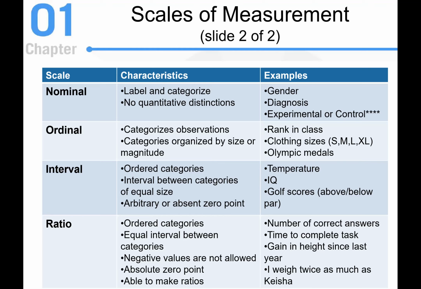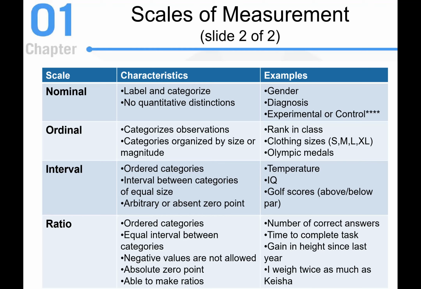All right. One very important nominal example that we're going to use very often in this class is whether you are in the experimental group or you are in a control group, right? The experimental group, for those of you in my research methods class, are the people who are going to get the experiment or the treatment or the drug.